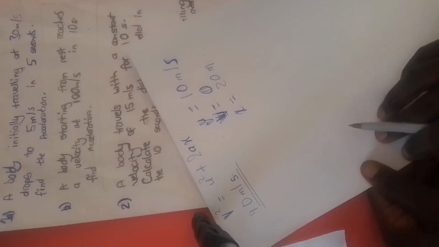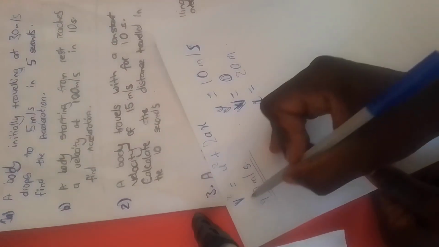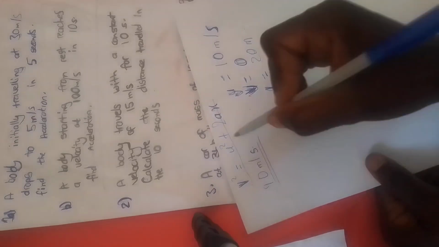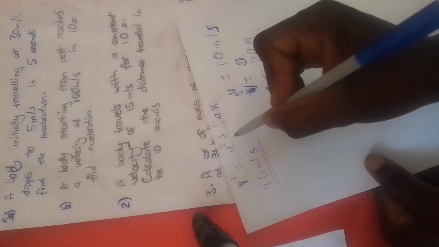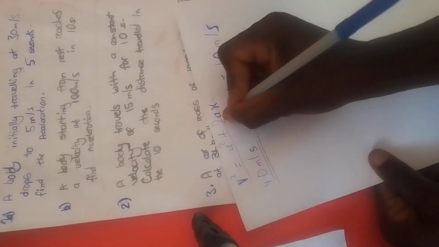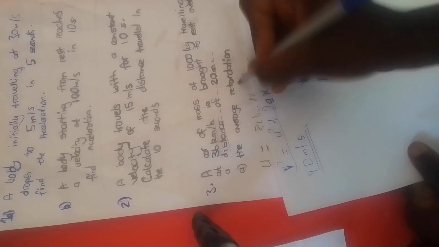Okay, so question 3 wants to tackle this problem. We're going to use this equation: v squared is equal to u squared plus 2as. Obviously, we're going to make a the subject of the formula because the question is saying find the average retardation. Retardation means deceleration.